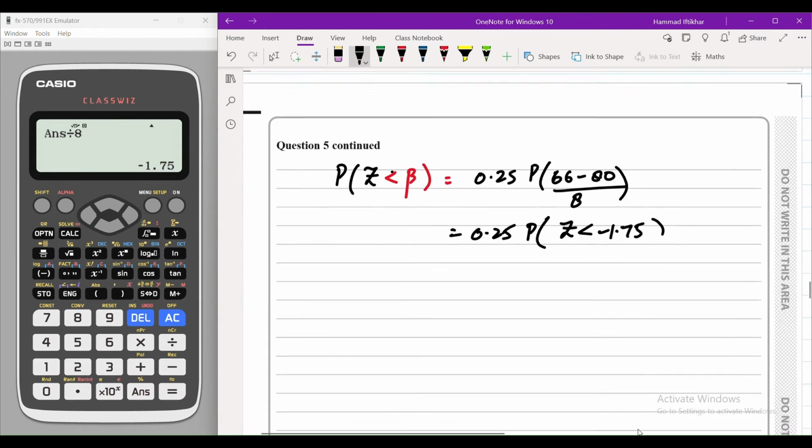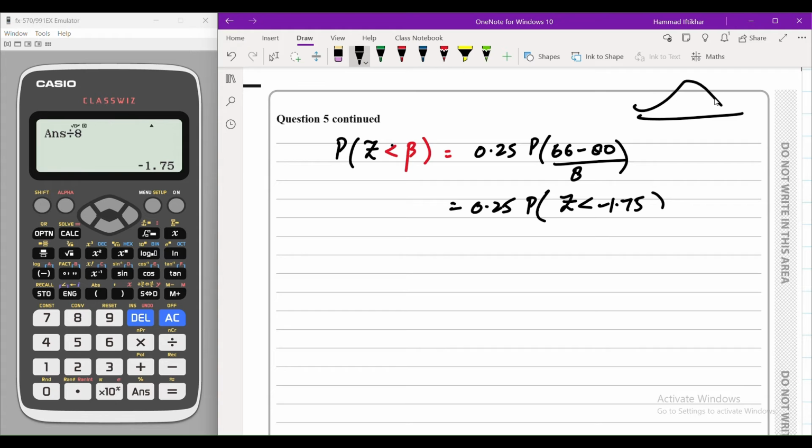Okay, so how do we find this area less than some negative value? 1 minus the probability of z less than positive 1.75 over here. And again, we have beta also over here. This is going to be negative beta actually, because that's left of the mean.